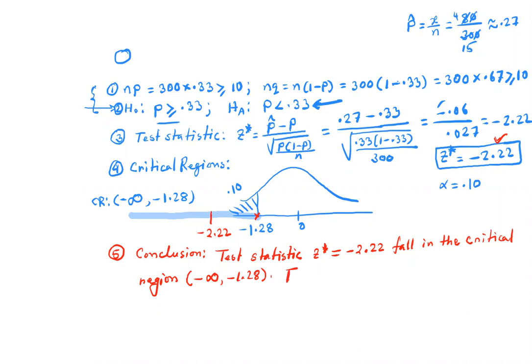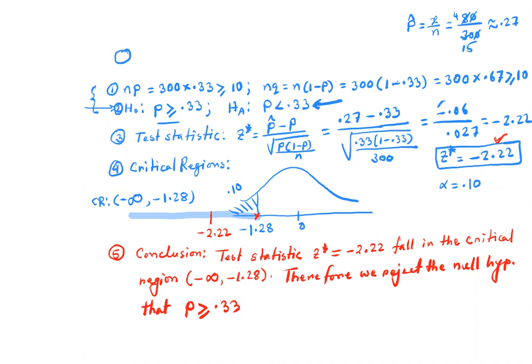Therefore, we reject the null hypothesis that the proportion of people who get cyberbullied is greater than or equal to 0.33.